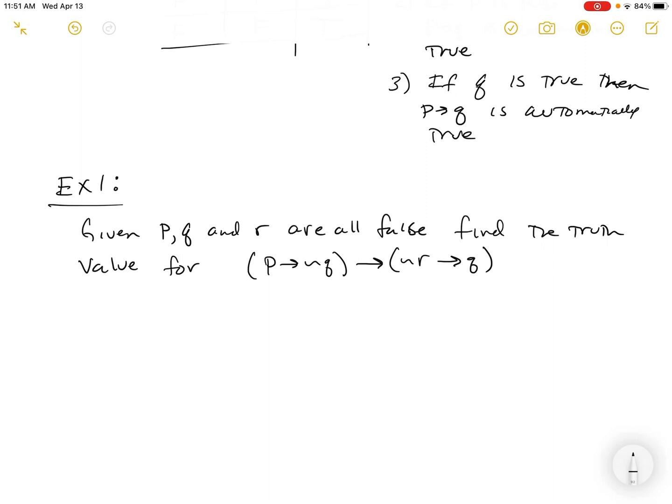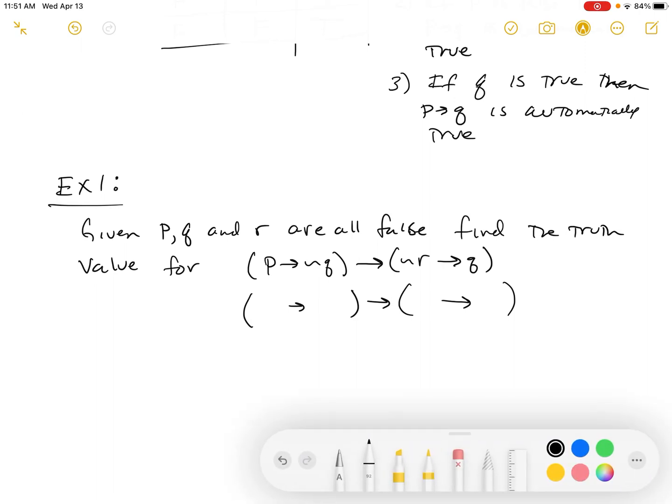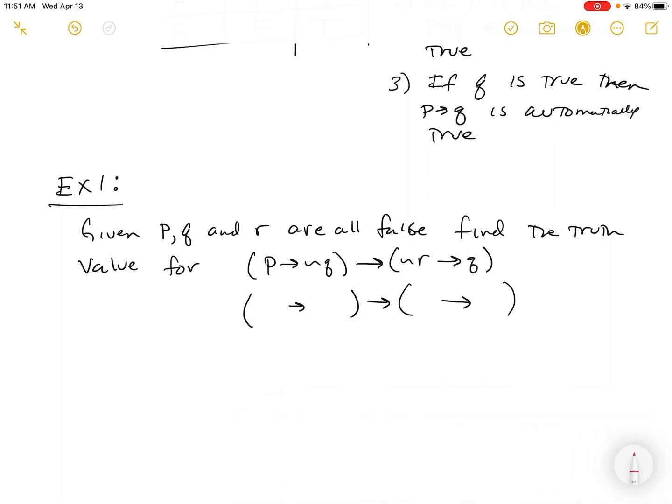So remember, P, Q, and R are all false. What I would recommend is put in the truth values of each one of these. So I'm just going to come in here and in black, put some things in that we're going to need in the process. But in red, I'm going to come in and put the truth values. So we know that P is false and Q is false, so not Q is going to be true.